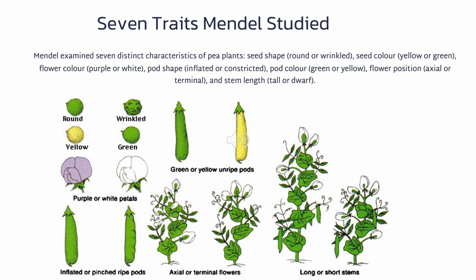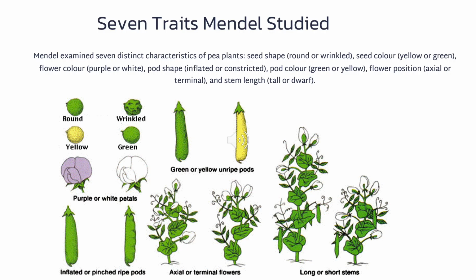So here are the 7 traits that Mendel studied. He examined 7 distinct characteristics of the pea plant. The first one is the seed shape, round or wrinkled. The second one is the seed color, yellow or green.